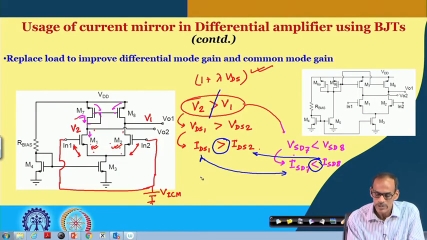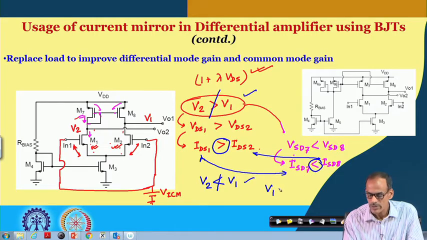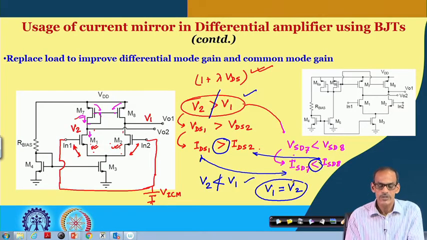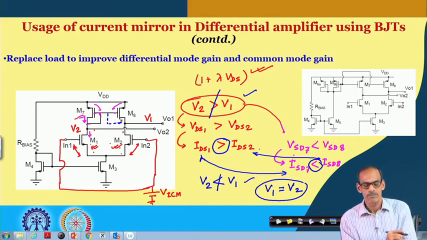Similarly, it can be shown that V2 cannot be less than V1. So, by considering this, we may say that V1 should be equal to V2. So, DC wise, you may say that this node and this node are identical, so they are virtually shorted.